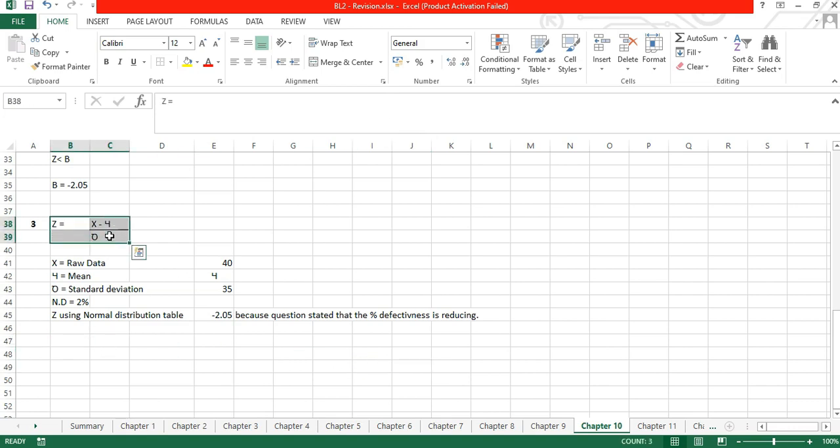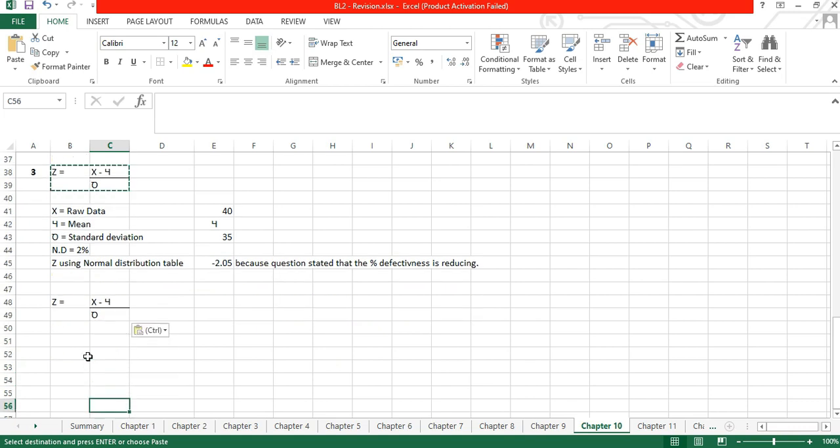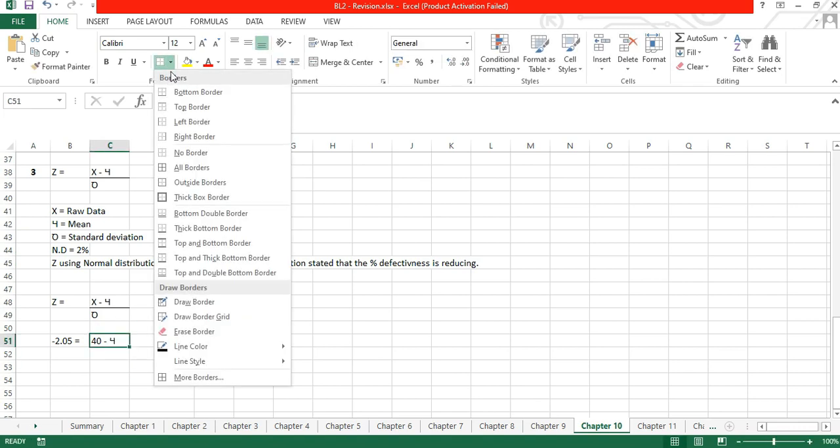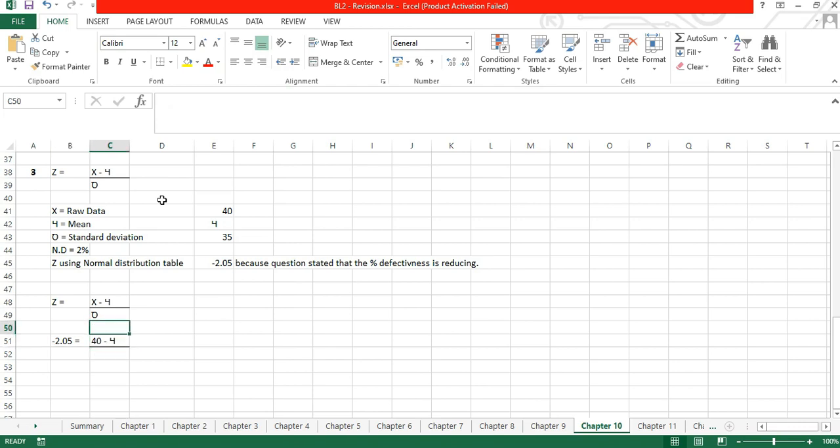Okay, so therefore find now the mean value. We have all the data, find the mean value. So minus 2.05 equals x, which is 40 as per the question, minus the mean, which we don't know, and that divided by 35 standard deviation.